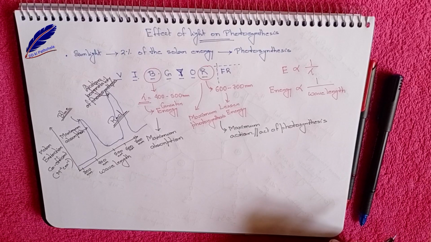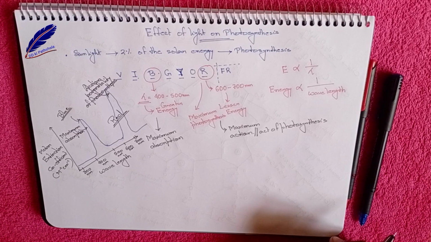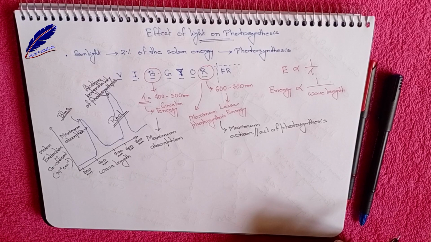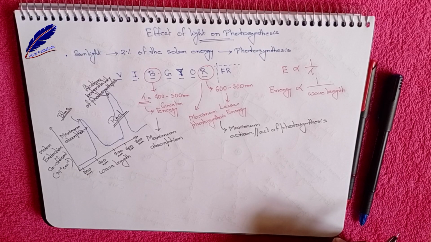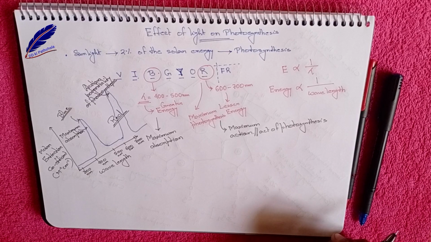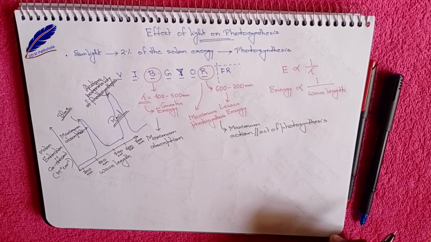So the two monochromatic lights that participate in photosynthesis do not perform the same function. One helps in absorption and the other in action. Means blue light is being absorbed by the plant and red light is being used by the plant to perform photosynthesis.